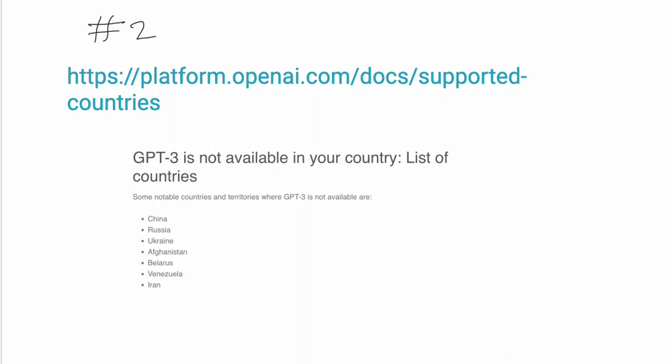So when I travel, and I know a friend of mine who traveled to Venezuela, he was checking why ChatGPT is not working. He's so addicted to that platform, and he's like, "Oh, this thing is not working." Obviously, in this case, Venezuela, as you see here in this list, is not a country where ChatGPT or GPT-3 is available, right?